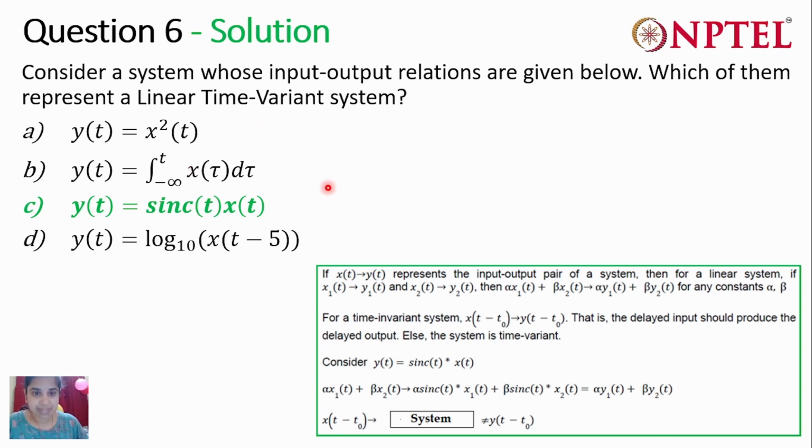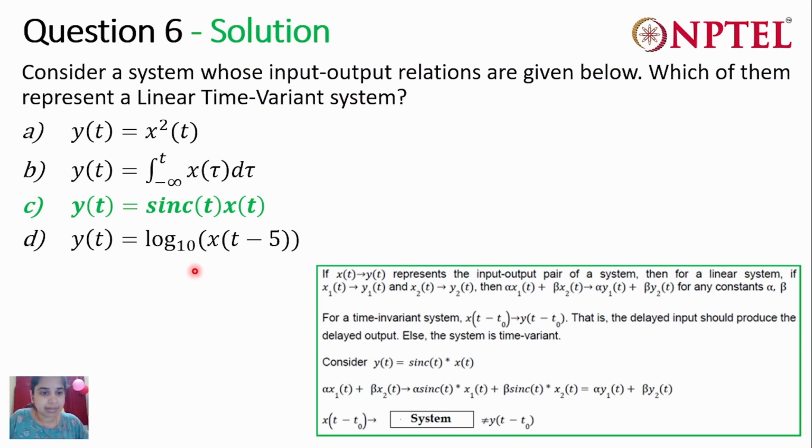Can you explain why? Sure. When do you say a system is a linear system? When it satisfies the condition that if you give alpha x1 of t plus beta x2 of t as input to the system, then you should get alpha into y1 of t plus beta into y2 of t.